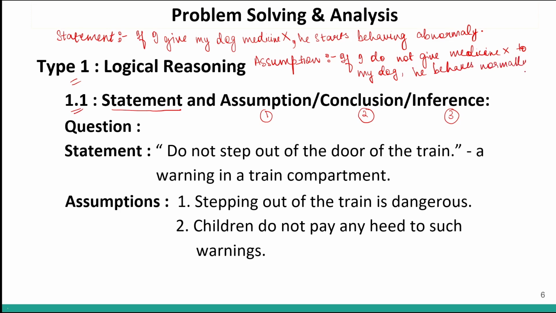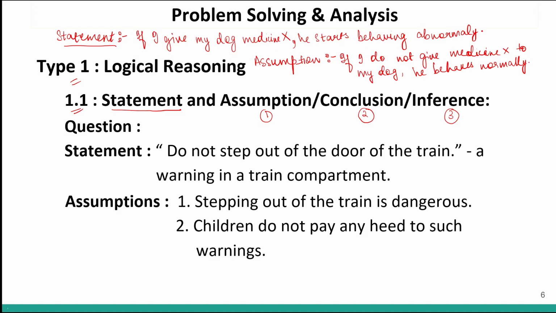So the assumption is that if no medicine is given to a dog, he is behaving normally, because the statement says that only after giving medicine X the dog starts behaving abnormally. So this is a assumption that if no medicine is given to a dog, he behaves normally.